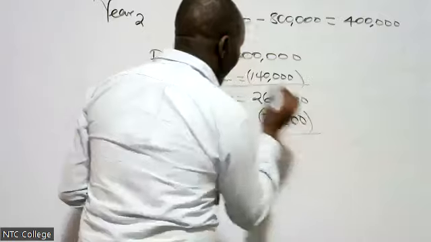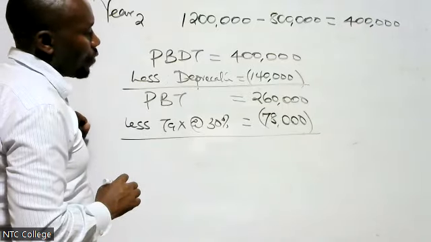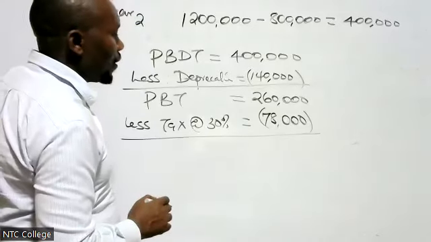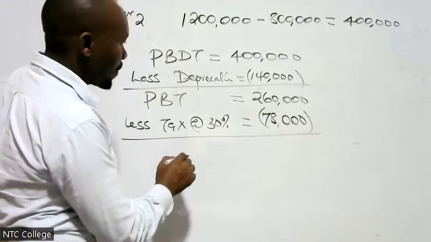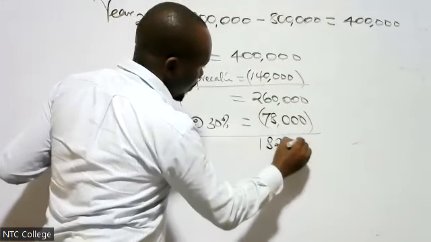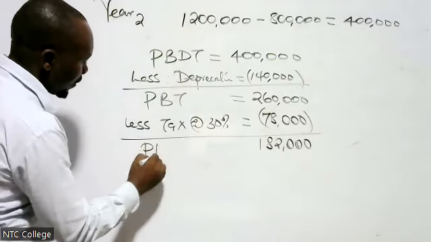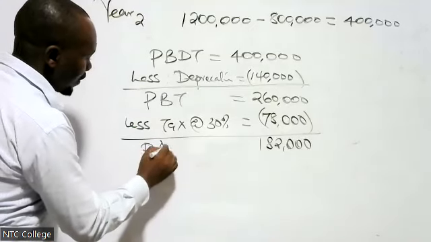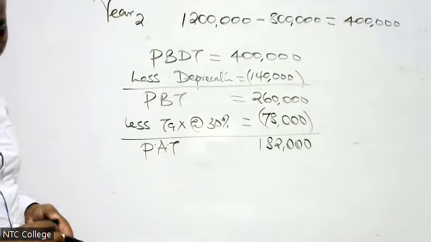So how much are you going to have there as the final? 182,000. So that is our profit after tax. Profit after tax is 182,000.